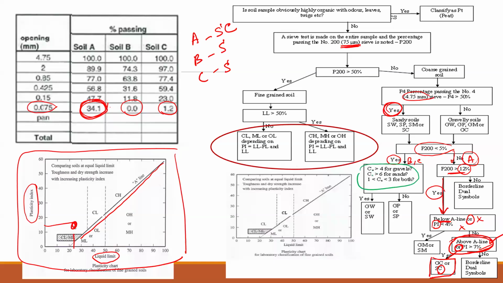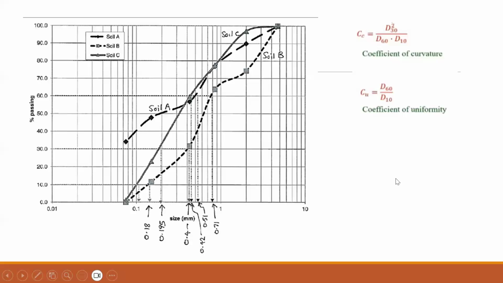Now we need to look at the CU and CC. We don't have gravels, we have sandy soils. So CU should be more than 6 for sands, and CC should be between 1 and 3 to become well graded. Both should be satisfied to become well graded. So we need to plot the graph to find them.